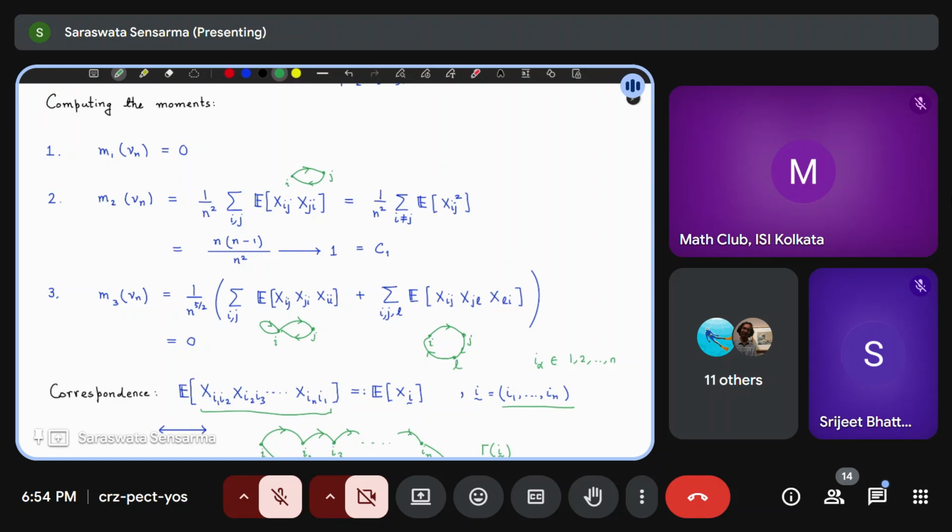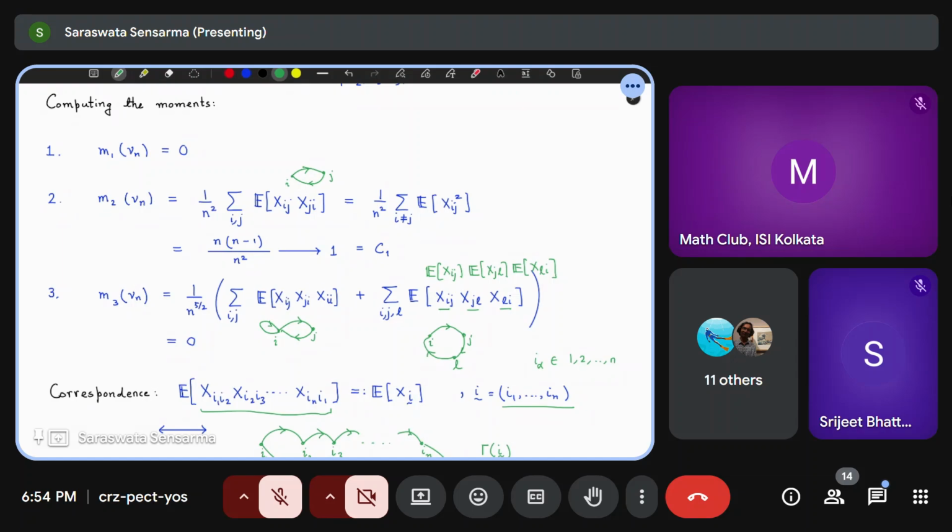But here the problem is, all of these edges like x_{ij}, x_{jl}, x_{li} are all independent, mind you. So this splits up into the expectation of x_{ij}, times the expectation of x_{jl}, times the expectation of x_{li}, and the expectation of any of these x_{ij} is 0. So this term also does not contribute.